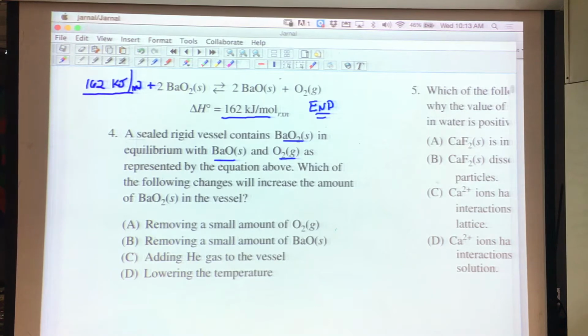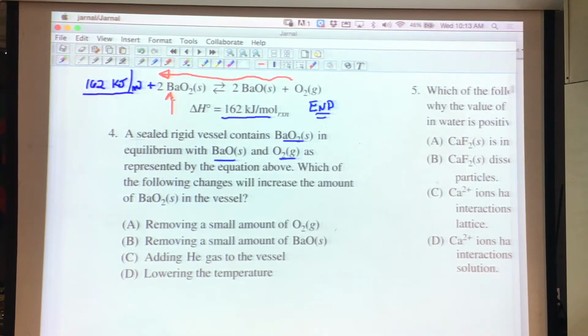To the left or to the right? To the left, to the left. Beyonce, come on now. It's going to go to the left. If I'm going to make more barium sulfate, that means the reaction shifts to the left. I don't like that word. I'd rather you say it's more spontaneous in the reverse, but they would accept both. Delta G is going to be more negative in the reverse if I'm going to increase that.